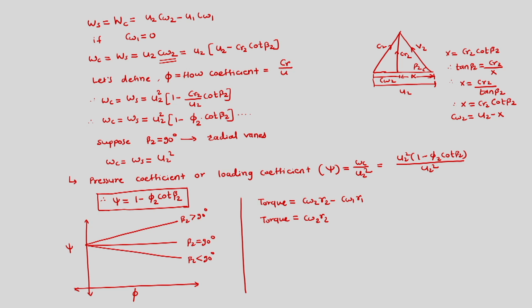Now in case of a centrifugal compressor, we expect the flow to be going out radially. But it doesn't, there is a term which is called the slip factor.